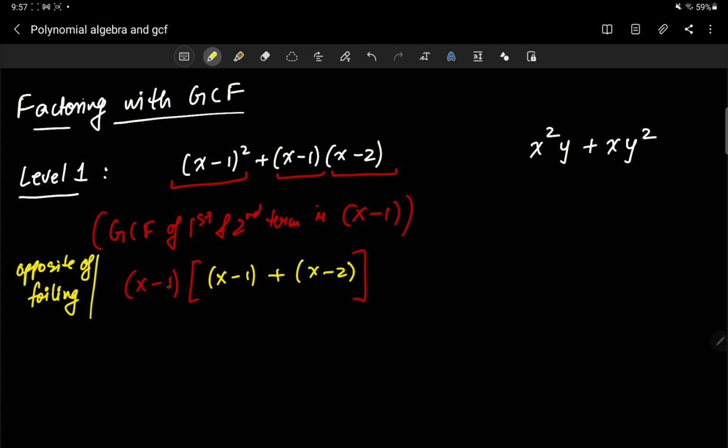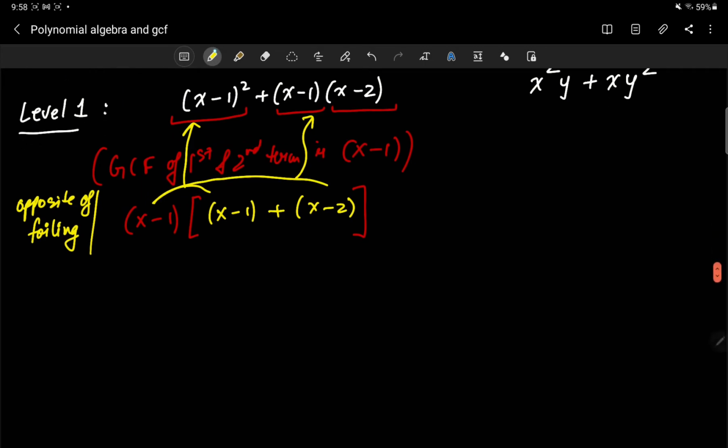Why? Because if you FOIL this, (x minus 1) times (x minus 1) gives you (x minus 1) squared. And (x minus 1) times (x minus 2) gives you this. Right? So they are the same thing, meaning this operation is the opposite of FOILing.